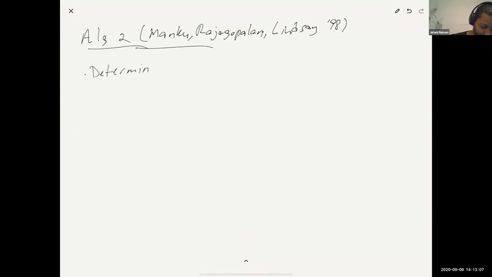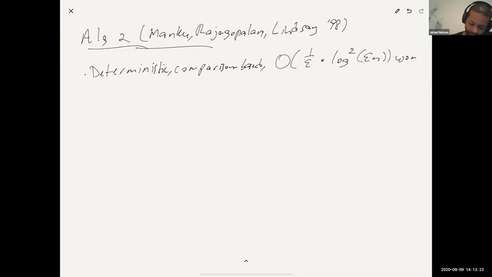The memory usage is 1 over epsilon times log squared of epsilon n words of memory.